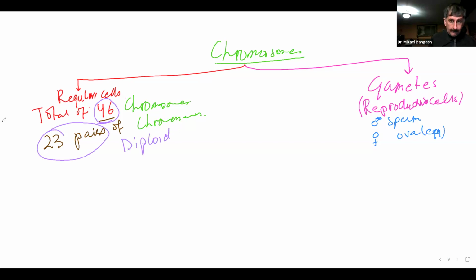Whereas when we talk about the gametes, which in the male is the sperm, or in the female is the ova, each only have 23 chromosomes.